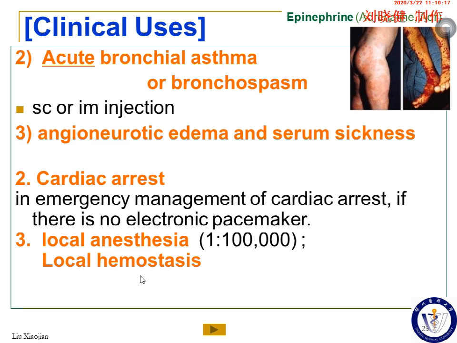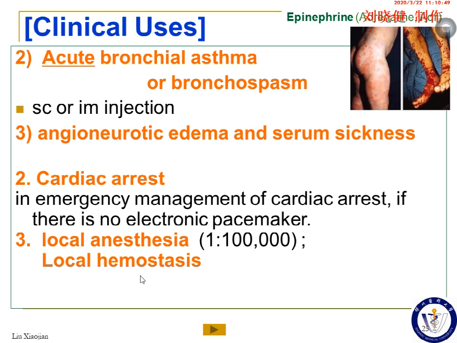Yeah, I heard a story. A woman, she was almost 40 years old. One day, for no reason, her nose was bleeding, and then she went to the hospital. After measurement of blood pressure, she was diagnosed with hypertension.